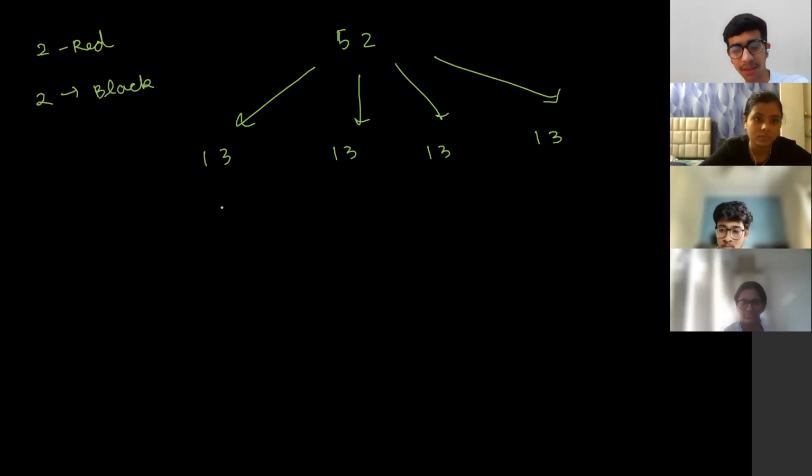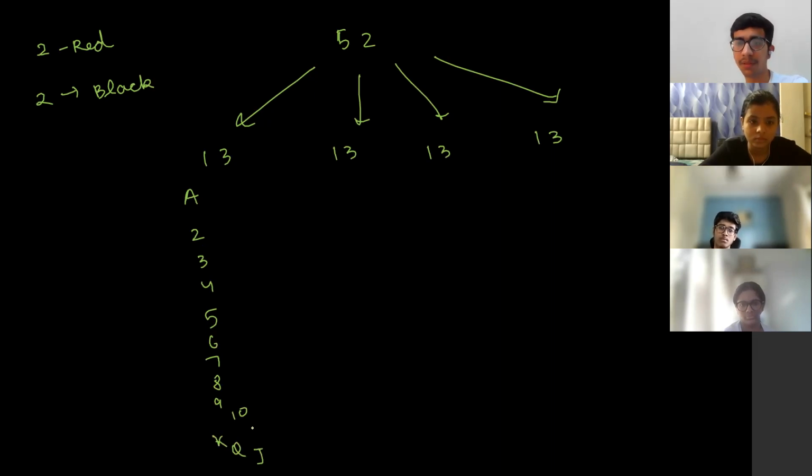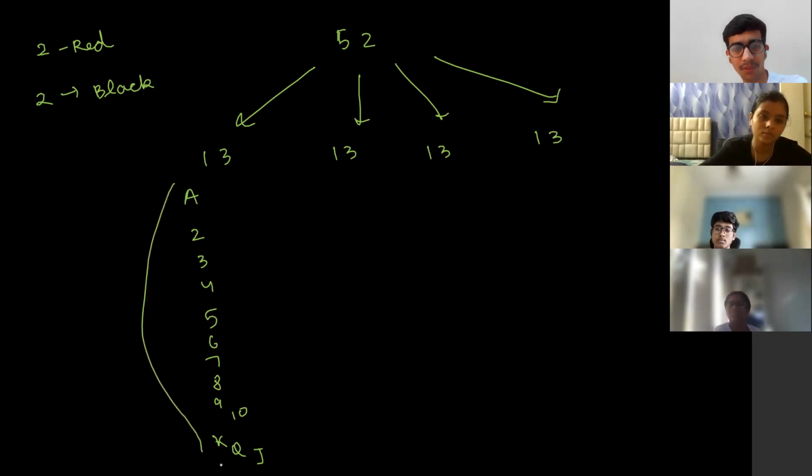Now the 13 cards in each suit have denominations like A, 2, 3, 4, 5, 6, 7, 8, 9, 10, and then we have K, Q and J. These denominations are the same in every suit, only the suit is different. So A, 2, 3, 4, 5, 6, 7, 8, these are all the denominations possible, right?